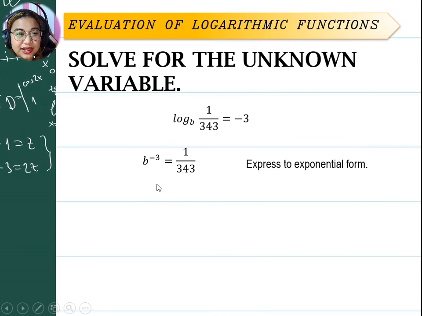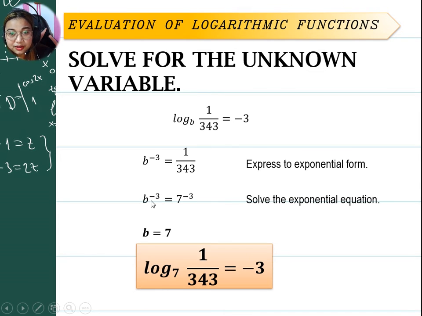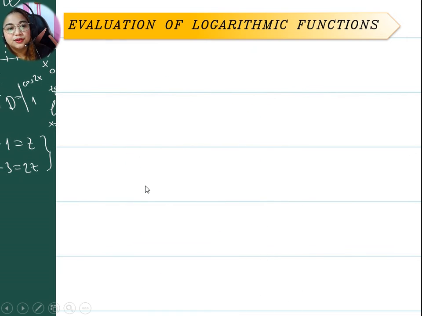Tapos, gawin lang natin itong into exponential form. So that will be 7 raised to negative 3. So b is equal to 7 and our logarithmic function is logarithmic of 1 over 343 base 7 equals negative 3. So, I hope nakakasunod, no?